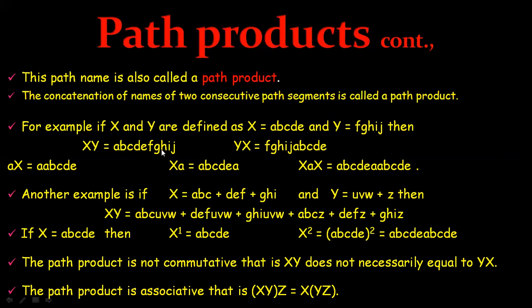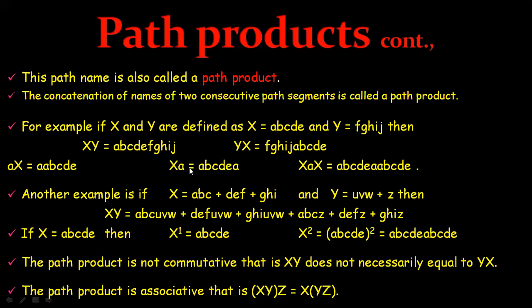So the commutative law does not hold good for path products. Maybe the associative law may hold good, but the commutative law does not. Suppose it is ax, then in front of x we keep the small a, so it is a, b, c, d, e.